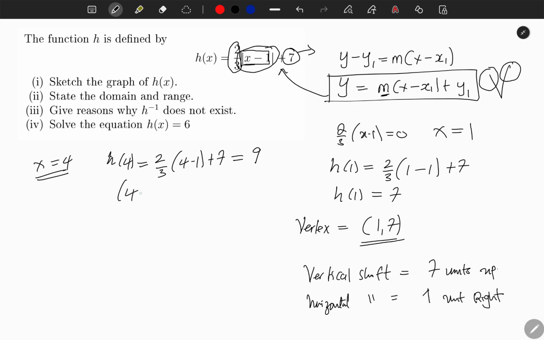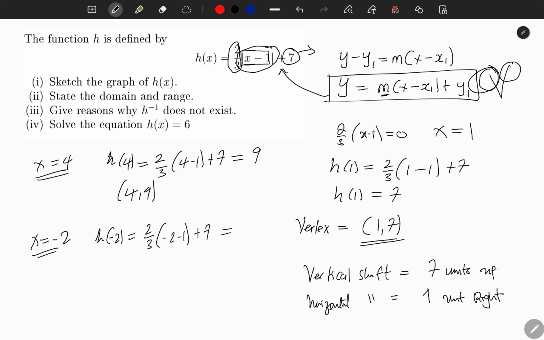So we have (4, 9). We get another point on the other side of the graph, the negative part. For example, just assuming we take -2, we find h of -2. This will give us 2/3 times the absolute value of -2 minus 1, plus 7. This and that cancel, and we are still getting 9.